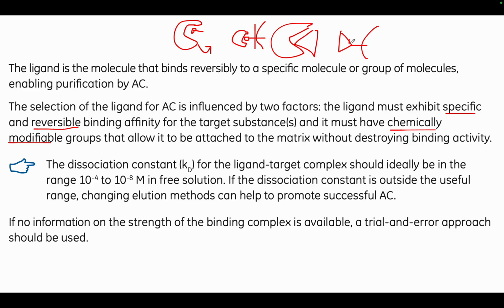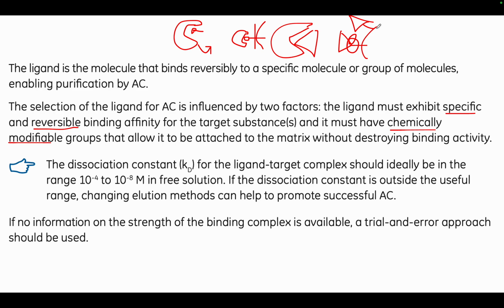Because the binding site was here. Now I've destroyed the binding site, and so this column is not of any consequence for affinity chromatography. So it is important that we have some attachment to the column away from the binding site. Okay.